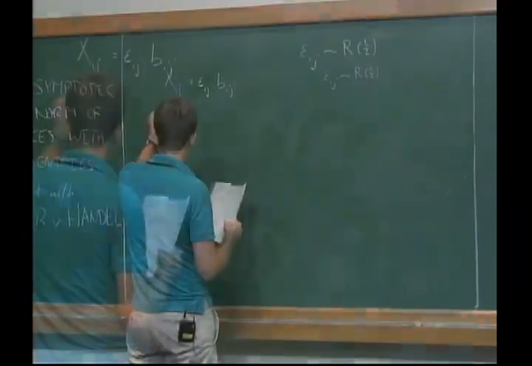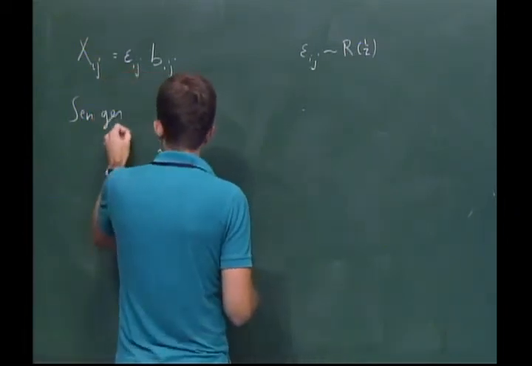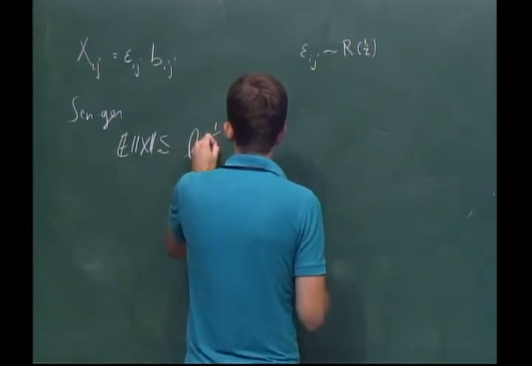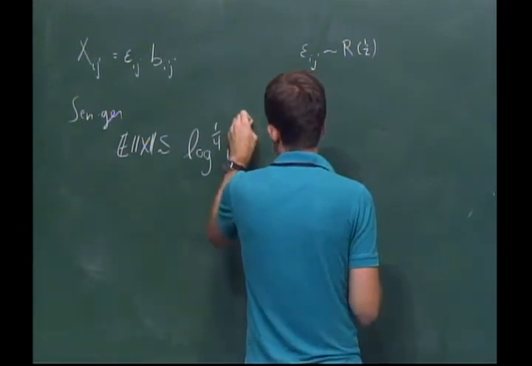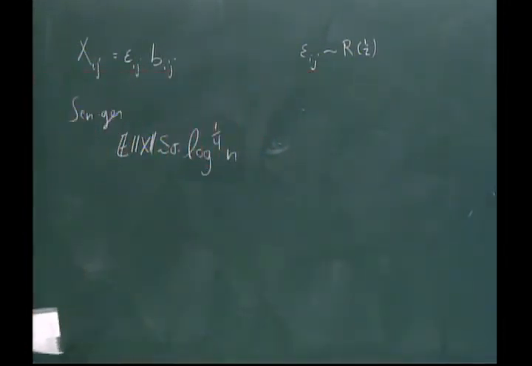In particular, the result that Seginer has, which I showed already, said that the spectral norm of X is smaller or equal than log to the 1/4 times sigma. So sigma times log to the 1/4. It's sort of mysterious why this log to the 1/4 is here.